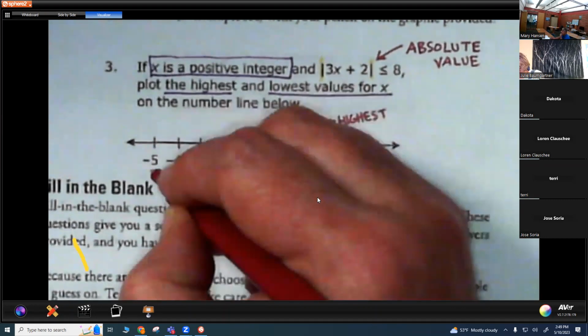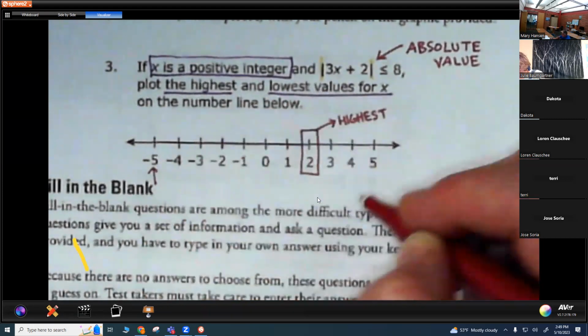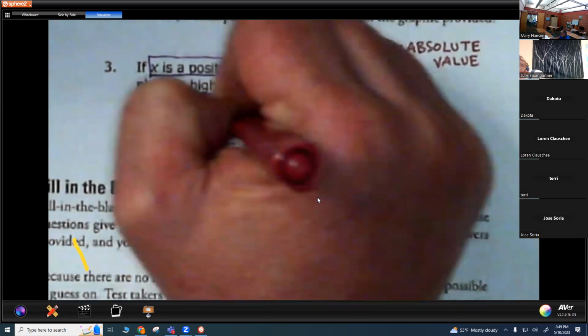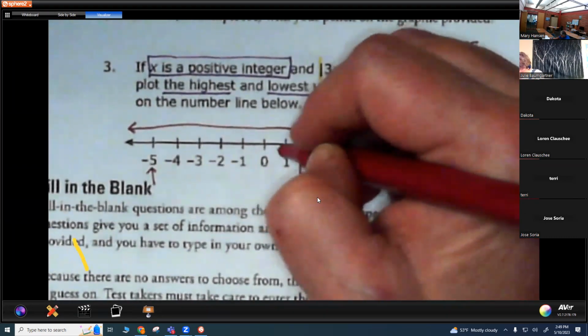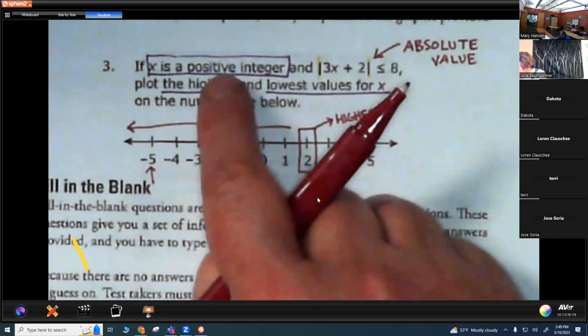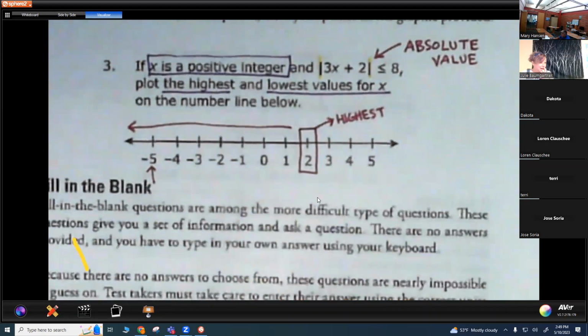Because if X can be a negative integer, we could really put everything here. So I'm not sure if 1 would be the lowest positive integer that X can be, and 2 is the highest positive integer. I think I'm reading that correctly.